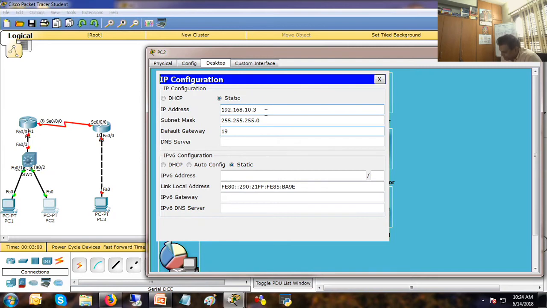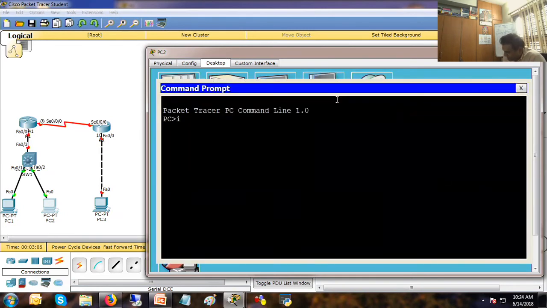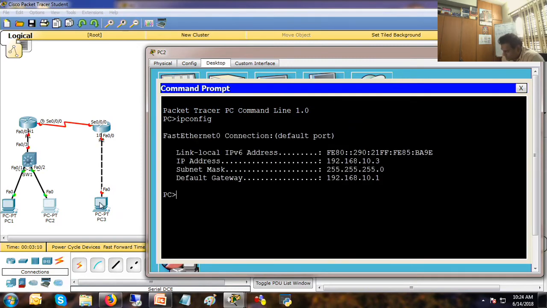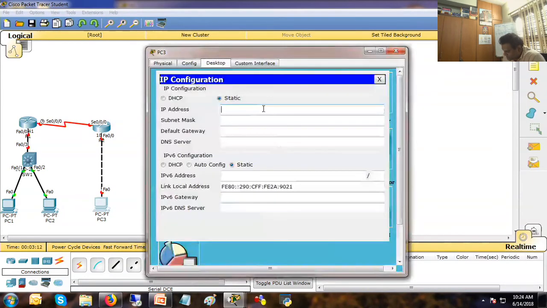Default gateway 192.168.10.1. Okay, that's it. Next, PC3: 192.168.30.2, /24. Default gateway 192.168.30.1.